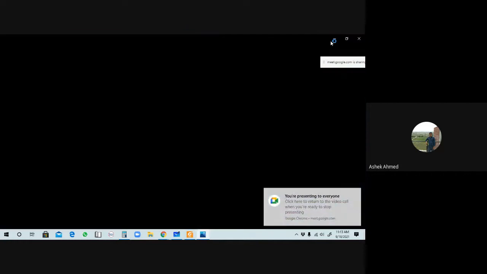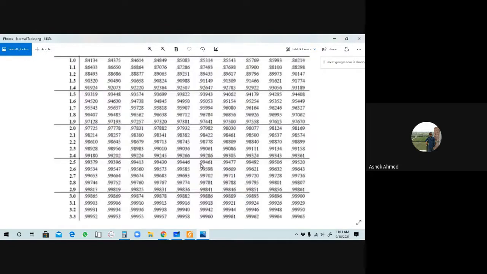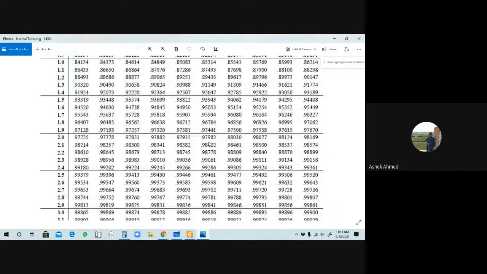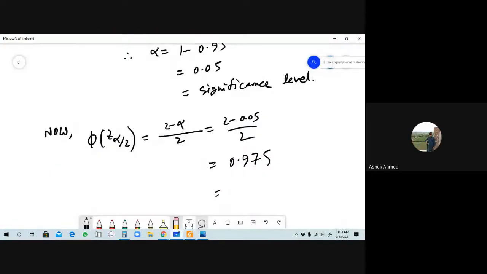Now let's look at the standard normal table. From here I will determine the corresponding value of z for 0.975. Can you see this value is 0.975? Is it right? Yes, sir.